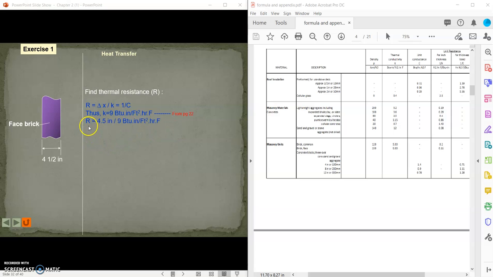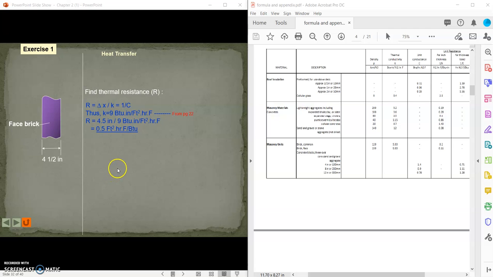So R is equal to 4.5 inch divided by 9 BTU inch per feet square hour F. So the R for this case is 0.5 feet square hour F per BTU. This is the answer here.